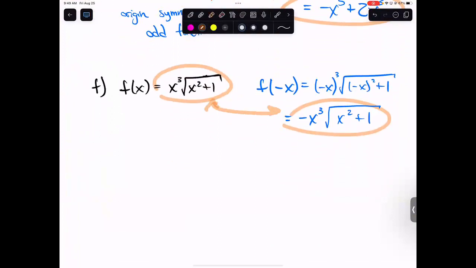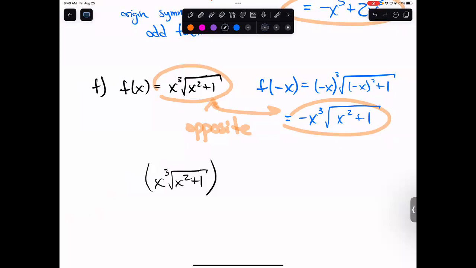When we talk about being opposite in sign, what we really mean is if I took the original expression and slapped a big set of parentheses around it and threw a negative sign there, multiplied it by a negative. This is all one piece, right? The way that square roots and fractions and stuff like that work is that they act like a grouping symbol. You treat that thing like it's in parentheses. So this is one thing.